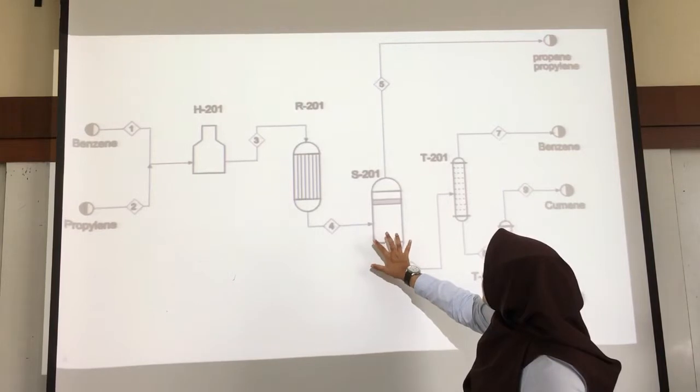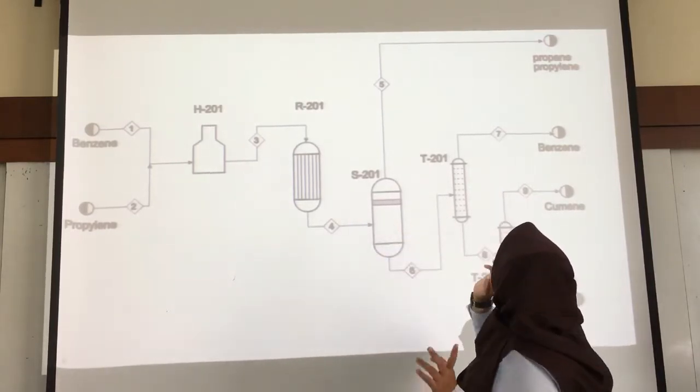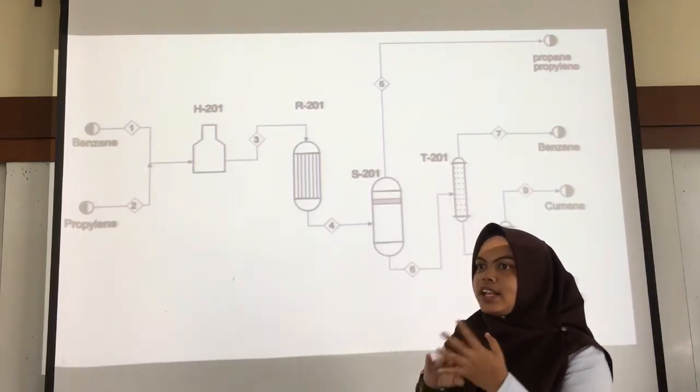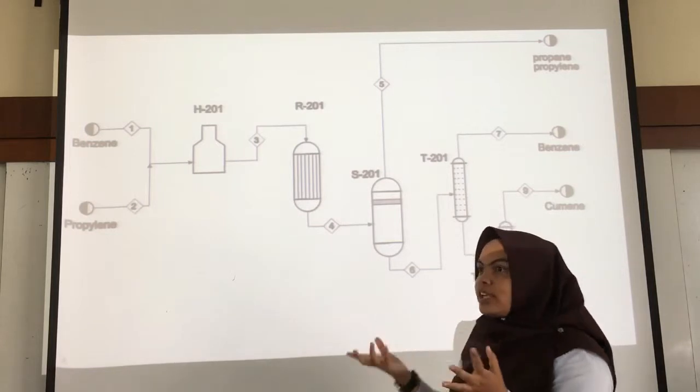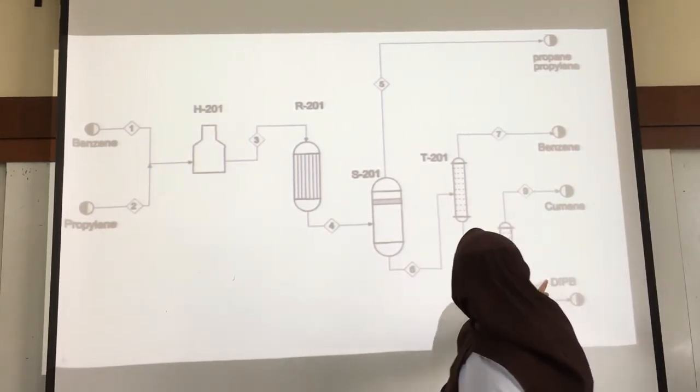While it goes through the separator, it produces two products, an undesired and a desired product. The desired product that we want is cumene, and the undesired product is diisopropyl benzene.